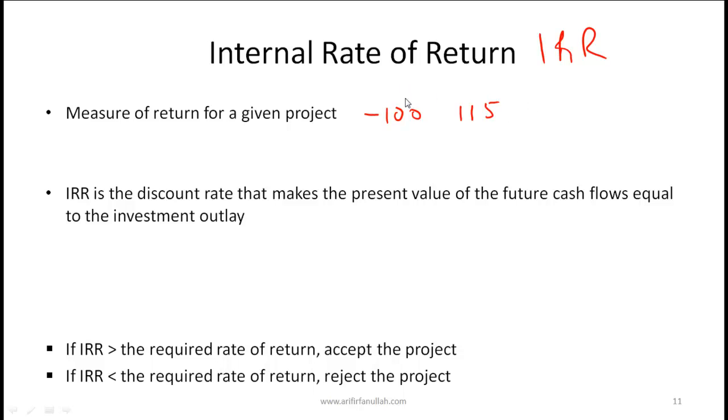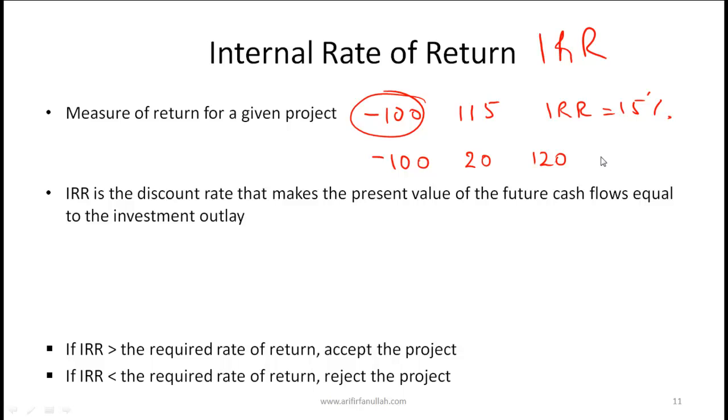The answer is pretty straightforward. The IRR is 15%. And why do we say that? We've invested 100, 1 year later we get 115, so we made a profit of 15 on 100, so IRR is 15%. What if you do another project where you invest 100 and you then get 20 in year 1 and 120 in year 2?